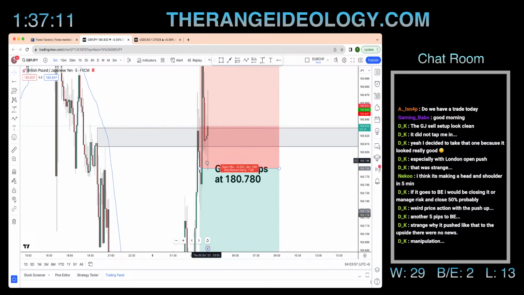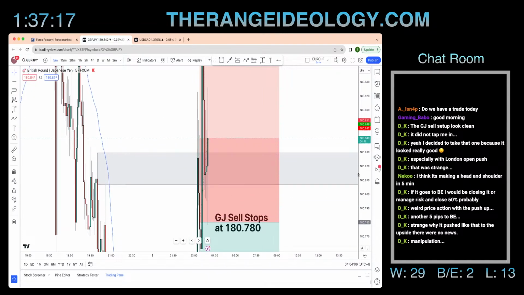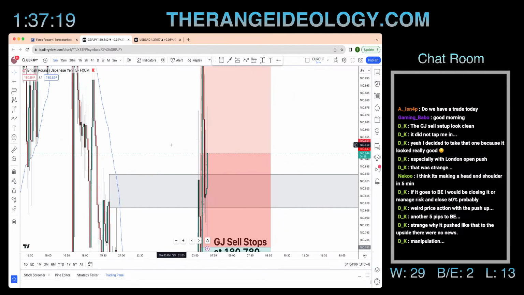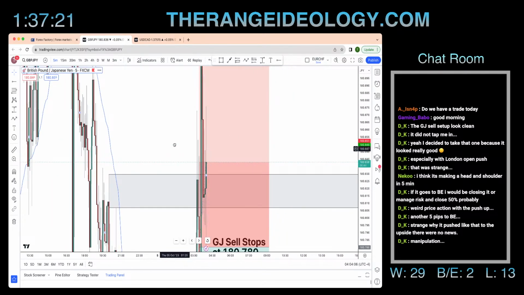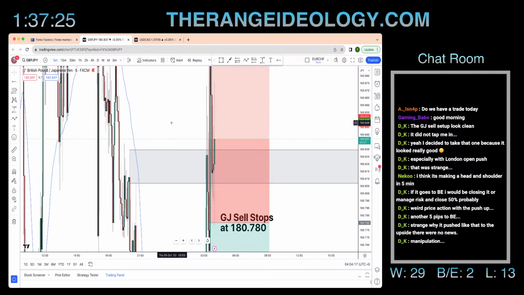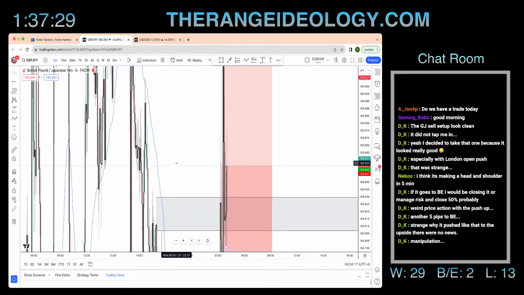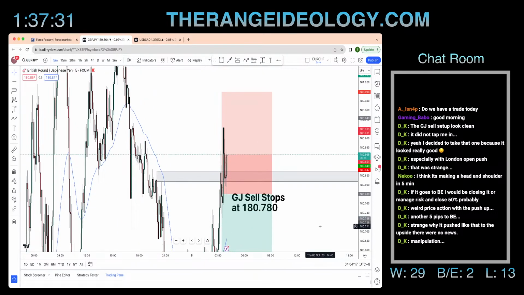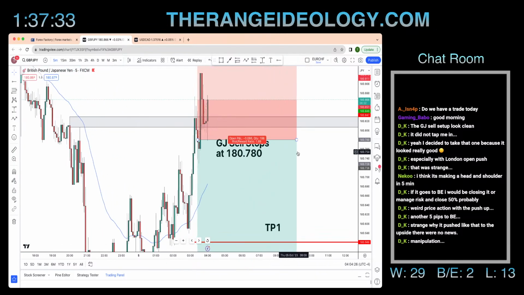So I was looking for more of a push down here before I can set my stops at break even, but it just did not allow it. Quickly just pushed up. And we have another 5-minute candle closing coming up. But very strong bullish momentum right now on GJ.